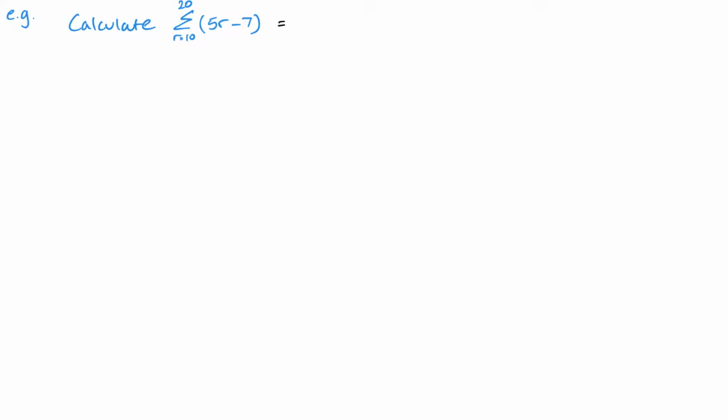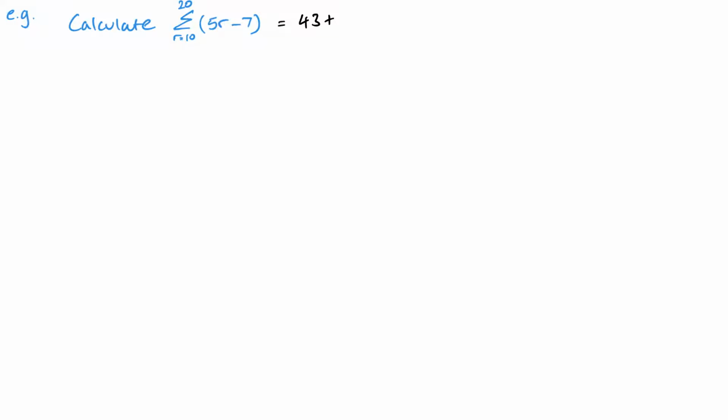Now, in this example, you can see we don't start at 1. So R equals 10 to 20 are our limits. Substituting 10 in for our first one, we have 5 times 10 is 50, take away 7 is 43.